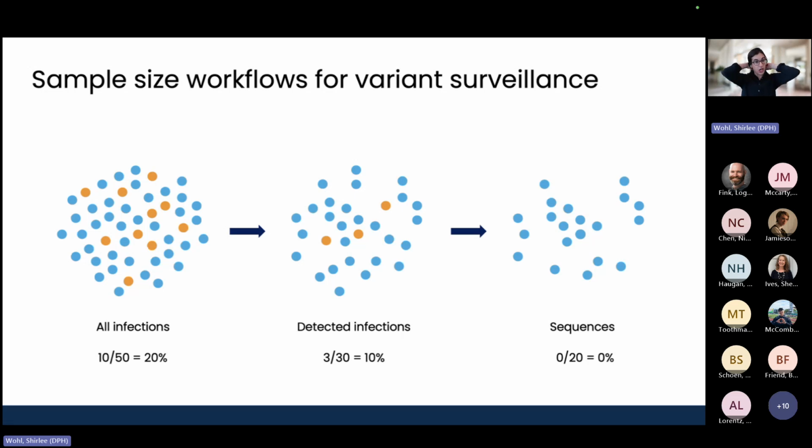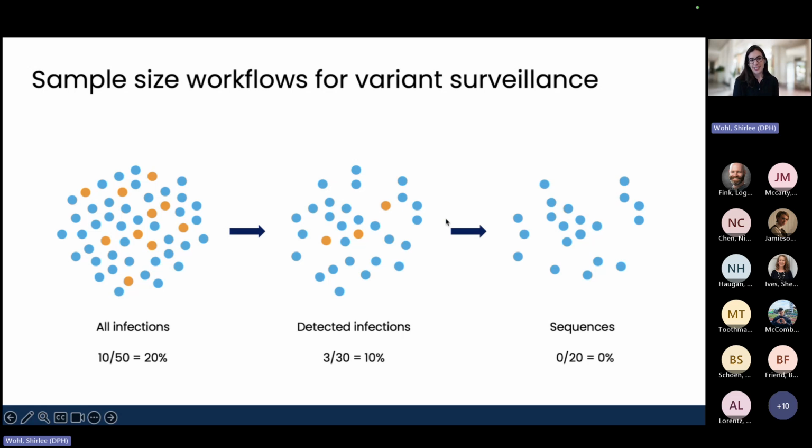And I think we all know that there are some processes that happen on this arrow on the left that might change how many orange variants we actually have that show up in the lab. So here's our pool. In my toy example here, 20% of the infections are of the orange variant, but something is happening here, which means that by the time we actually get to the lab and we have samples that we could sequence, only 10 of them are orange.